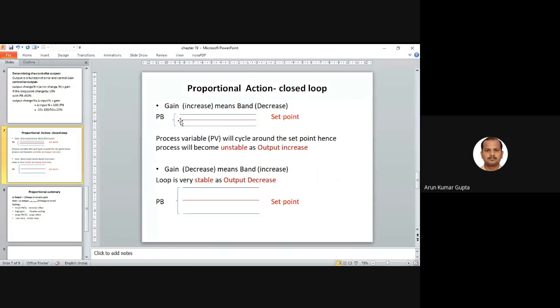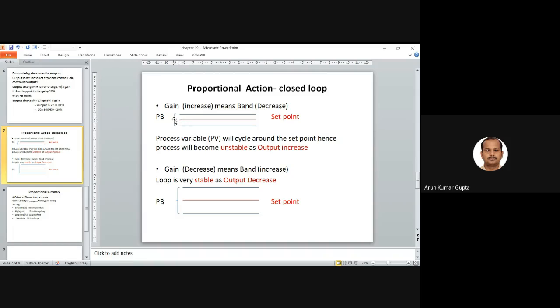Basically, when we define a band, gain increase, band decrease. Band means the red line corresponds to, let's say, the set point. We have an upper and lower range, and that is known as the band. If gain increases, band decreases. Band decrease means this will be a low, narrow line.